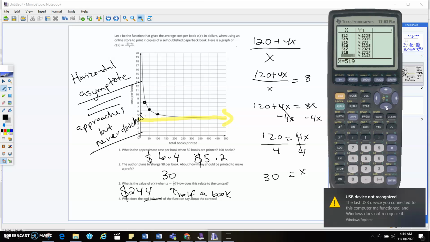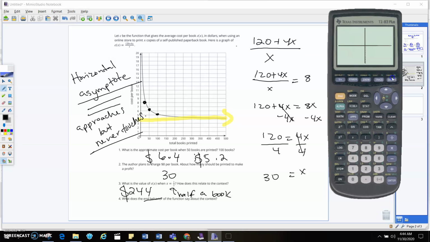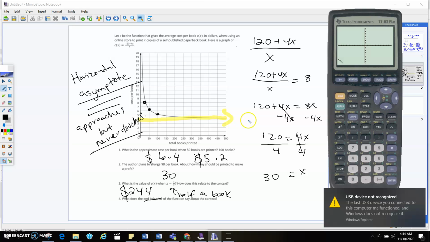Really, really close, but never actually touches. So that is what a horizontal asymptote is, and that's how you find it based off of a graph or a table. And we're just looking at this top portion.